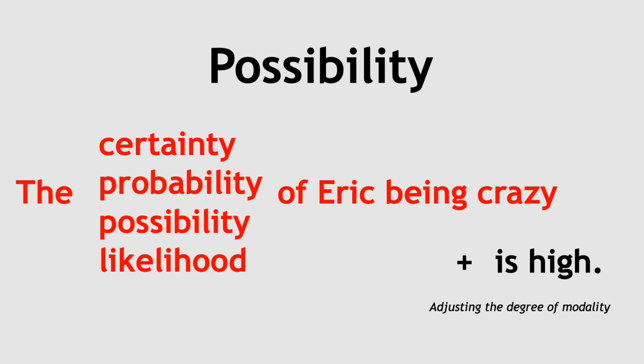So you can also see the verb must be has become the gerund being. So we have embedded the modality inside the noun phrase with the nouns certainty, probability, possibility, and we use the rest of the sentence in order to adjust the degree of that modality.